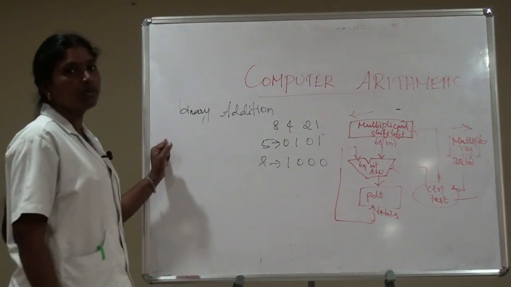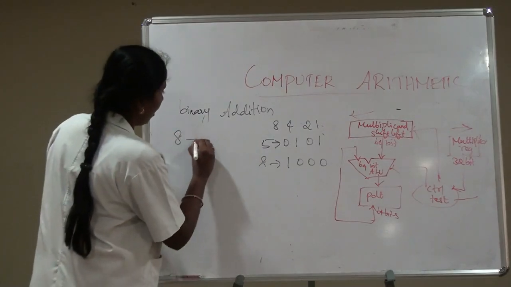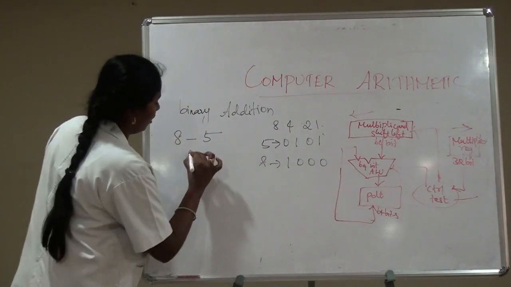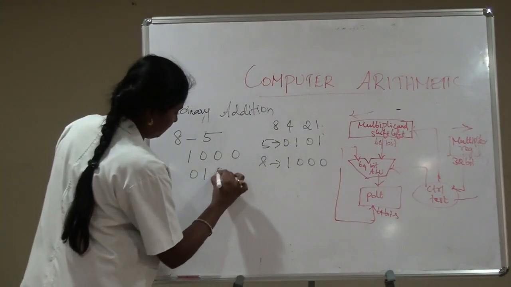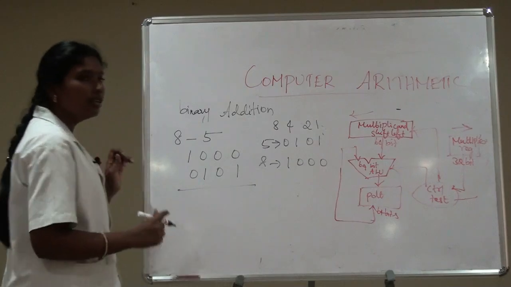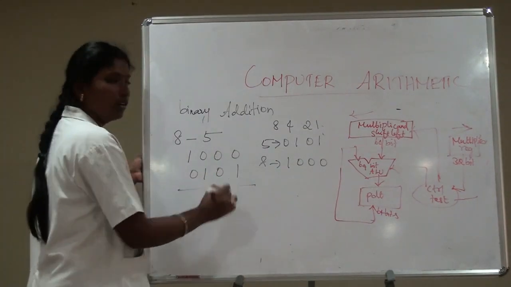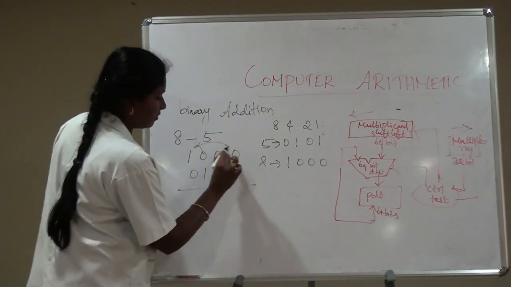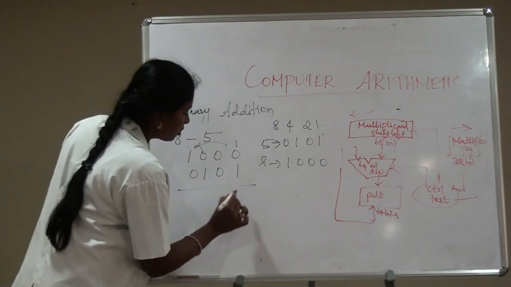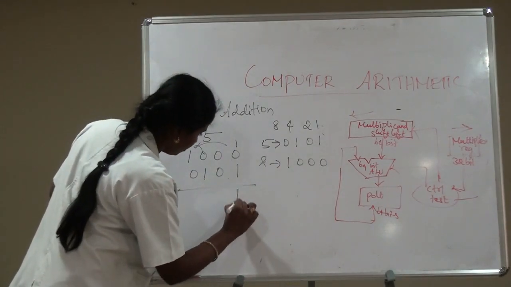Next I am going to perform the binary subtraction. How to subtract the value, 8 minus 5. This is the direct subtraction method. I have to subtract 1 from 0. There is no possibility, so I have to borrow the value 1 from the next bit. So 0 minus 1 is 1.